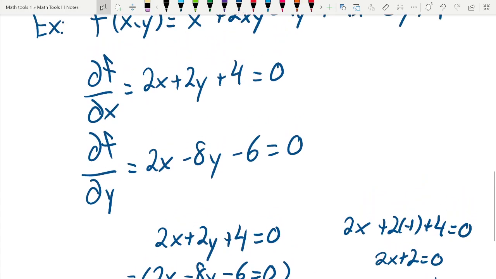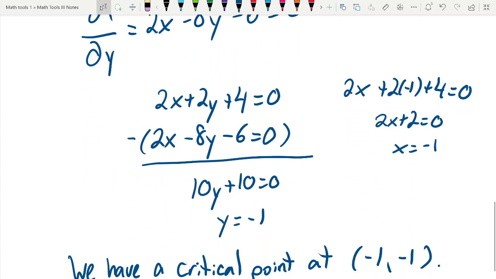But you could, for example, solve this equation for x, and then whatever you get, you could plug in for x into this equation, and that would be substitution. So it just depends on how the equations are set up. This one, I see that they have the same 2x terms, so it's set up nicely for elimination. Some systems are better set up for substitution. But ultimately, it doesn't matter which one we do.